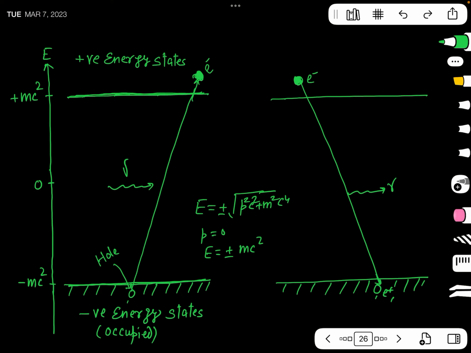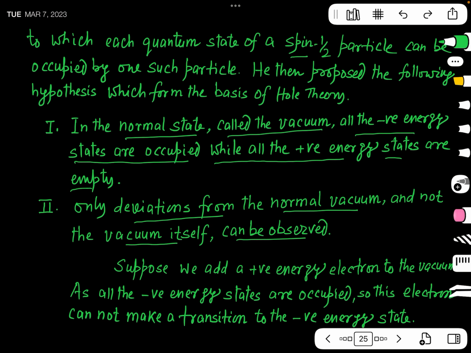When there is no change, you can't observe this negative energy state of the electron, but when there is any type of change in the energy, that change can be observed. Okay. So this is actually the second postulate of Dirac.